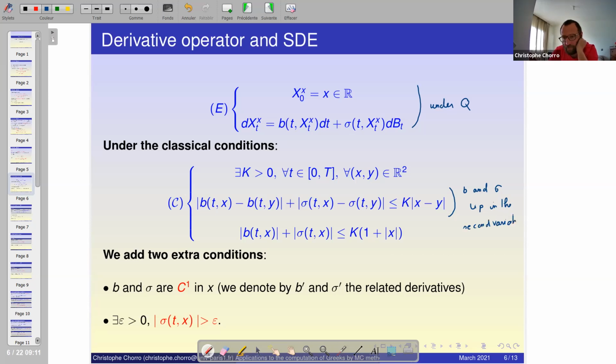That is exactly the meaning of this one: for fixed t, they are Lipschitz in the second variable.